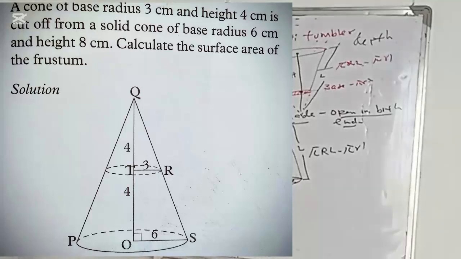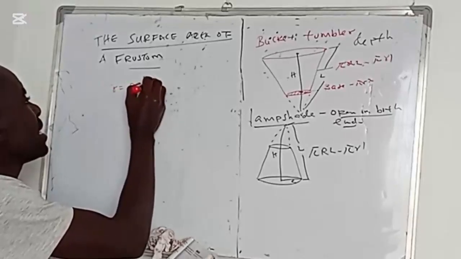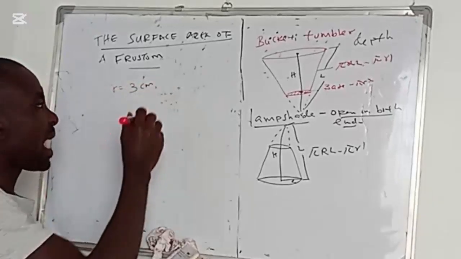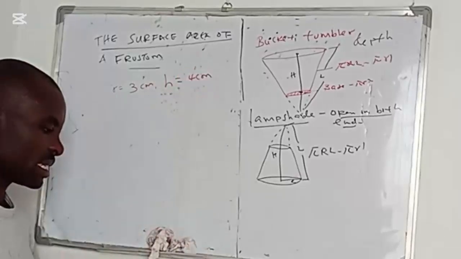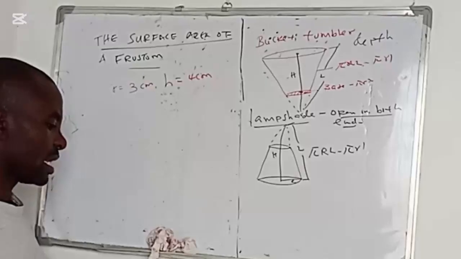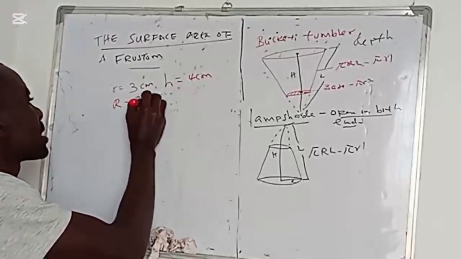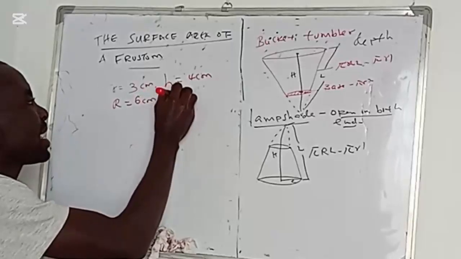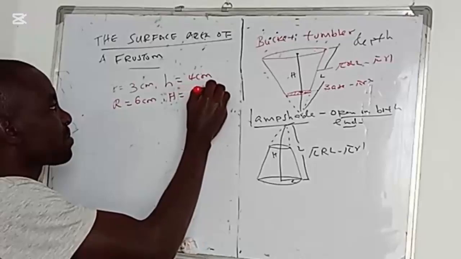So what we do is we use the diagram as it is drawn. They're telling us that a cone of base radius, so the small cone is of radius 3 centimeters and its height is 4 centimeters, and it has been removed from a cone with a radius of 6 centimeters and a height of 8 centimeters.